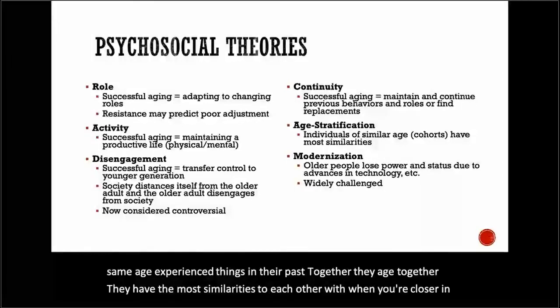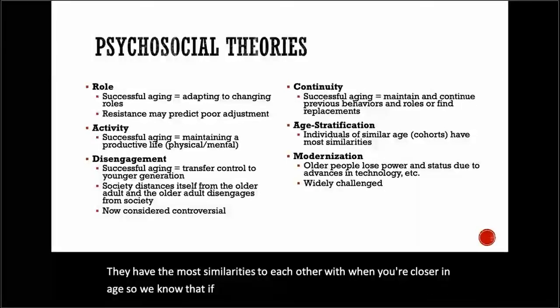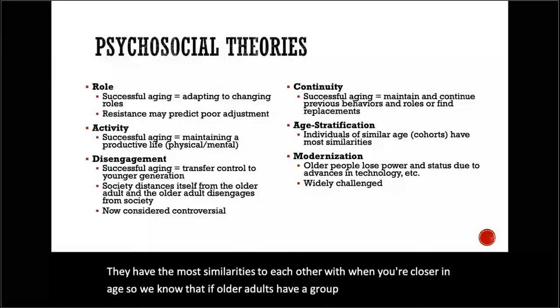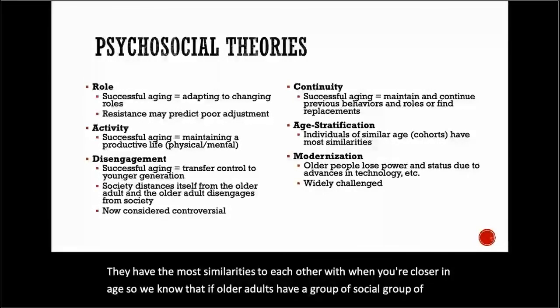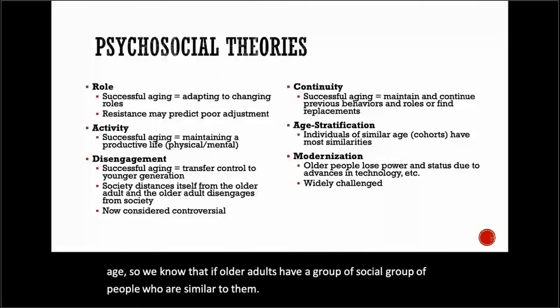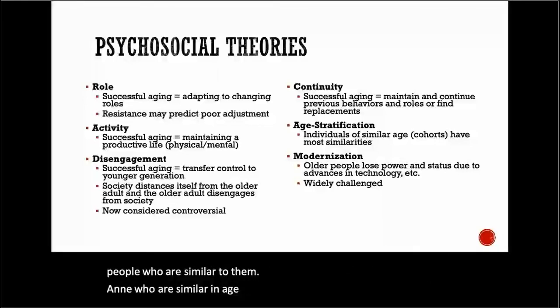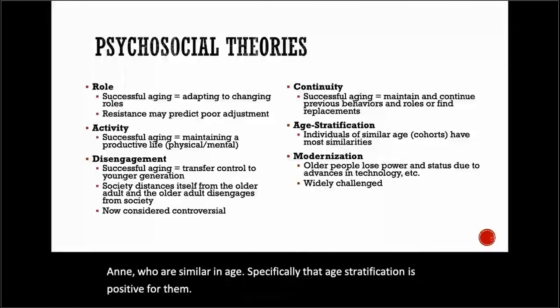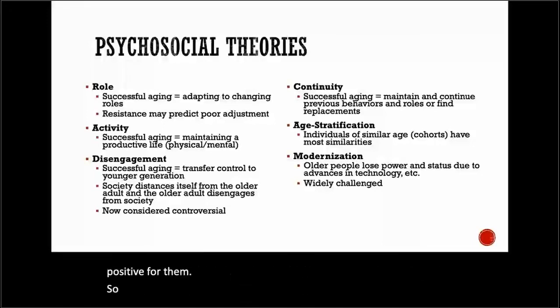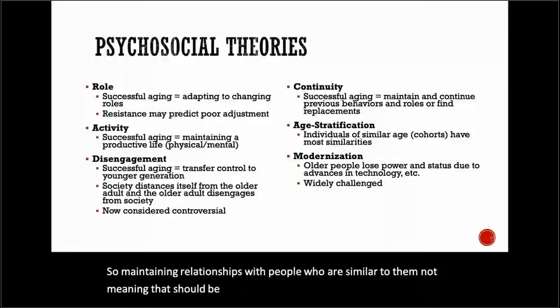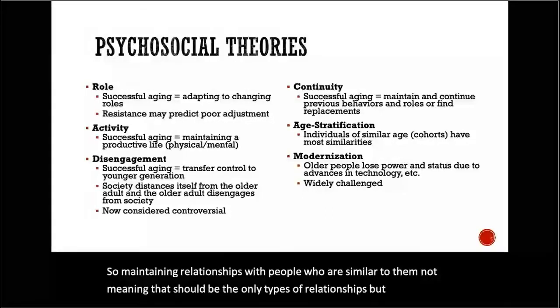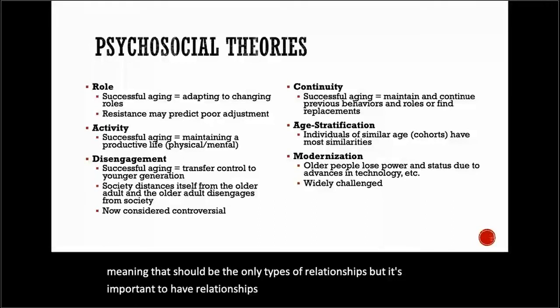So we know that if older adults have a social group of people who are similar to them and who are similar in age specifically, that age stratification is positive for them. So maintaining relationships with people who are similar to them. Not meaning that that should be the only types of relationships, but it's important to have relationships with people who are like you, and that's for all ages, really.